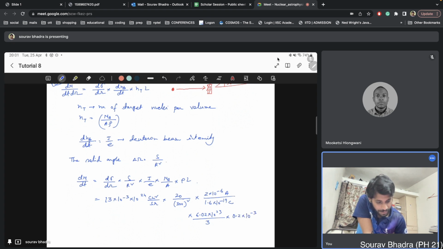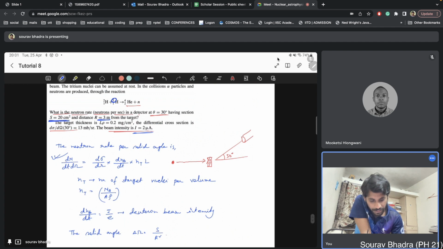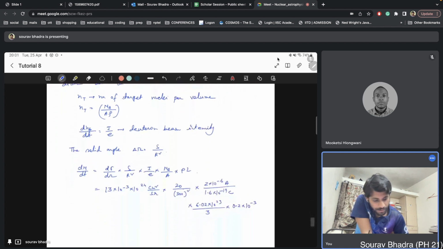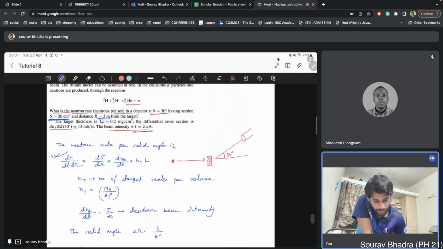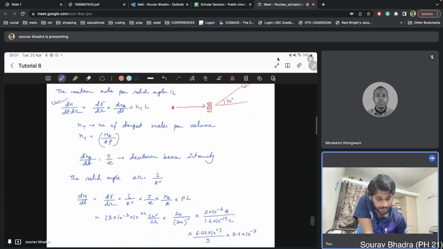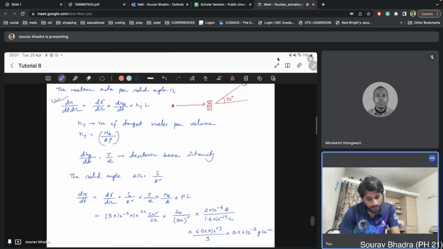A is the mass number of the target material, which is 3, that's why I have taken A as 3. And 0.2 into 10 to the power minus 3 is the value of rho L, which is given as 0.2 milligram; I am converting it to CGS as I told you, so 10 to the power minus 3 gram per centimeter square.